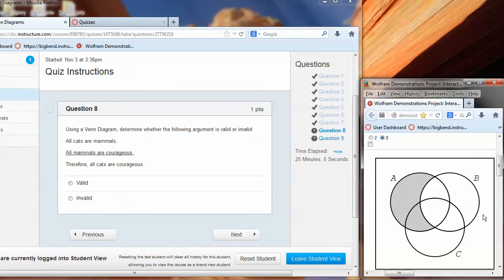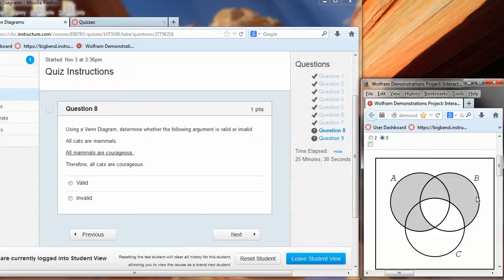So everything that's in the B circle is also in the C circle. So that means if you think about the B circle and the C circle, we have to shade in all the parts of the B circle that aren't in the C circle. So that's going to be this region and this region, right? We leave only the overlap between the B circle and the C circle, which is these two right here.